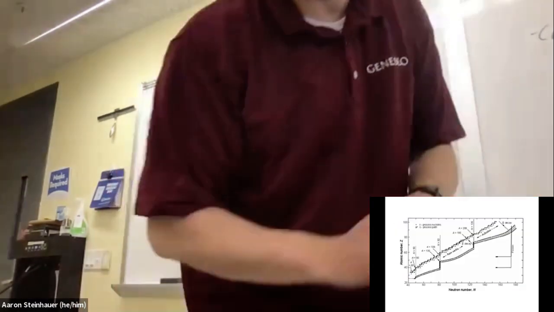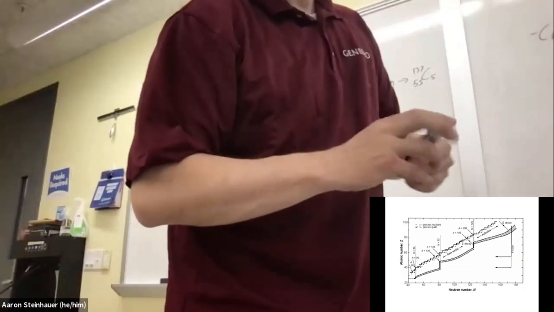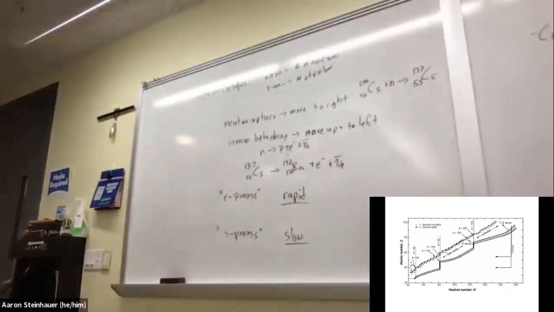Right. So we've got the entire list of isotopes that we actually see in nature, which are stable, and the paths for how you can get there.